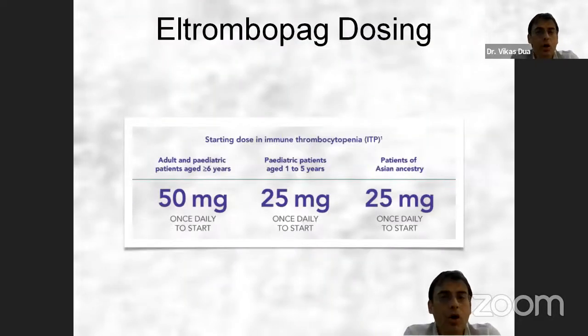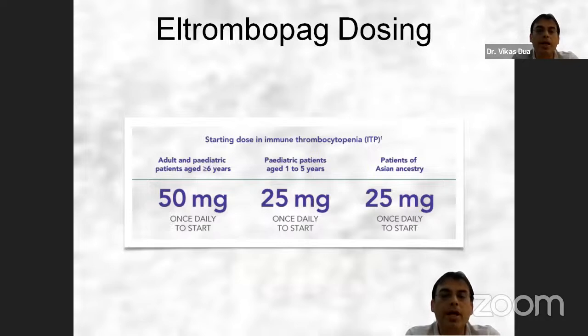The dosage of eltrombopag for pediatric patients who are more than 6 years is 50 milligram once a day. For patients between 1 to 5 years, it's 25 milligram. And in our country, this medicine is easily available. There are certain things you need to tell the family when you prescribe this medicine: at least 2 hours before and 4 hours after the medicine, you should not give them anything to eat.